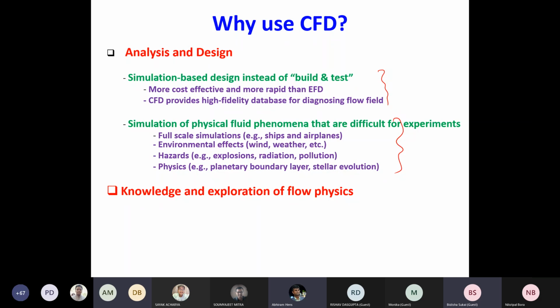Till date the theory is not properly developed. So you can explore, do research, generate knowledge and understand the flow physics. That is a research purpose you can use. In most of our academic institutes, people use CFD for understanding a lot of problems which are unknown to us. That is another aspect of why we should use CFD.